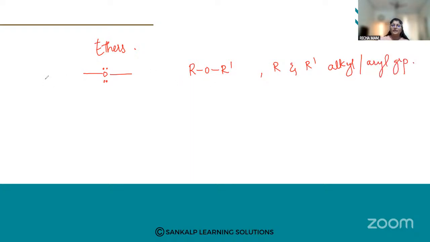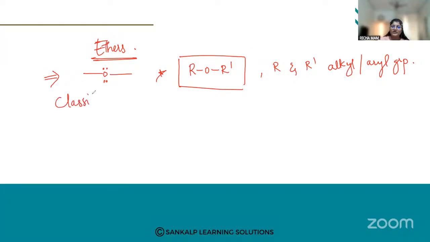These are the organic compounds which contain a C-O-C linkage, and they are generally represented as R-O-R dash. R and R dash can be your alkyl or your aryl group.